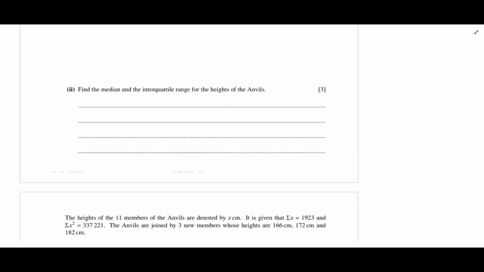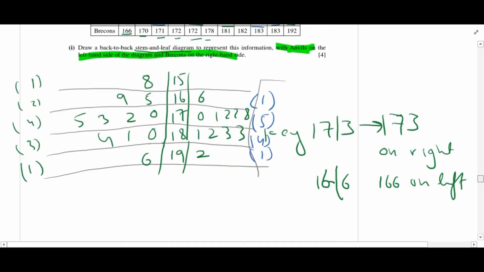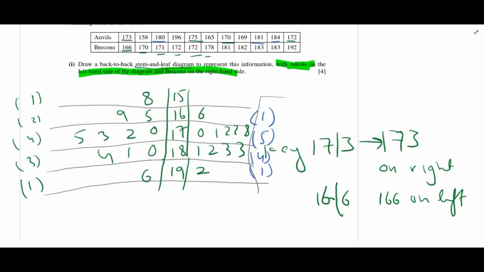Okay, in this part we are asked to find the interquartile range. We are required to find the interquartile range and the median of anvil. So when we go back to our data, the anvil was at left hand side. So when we go for the median it is 1, 2, 3, 4, 5.